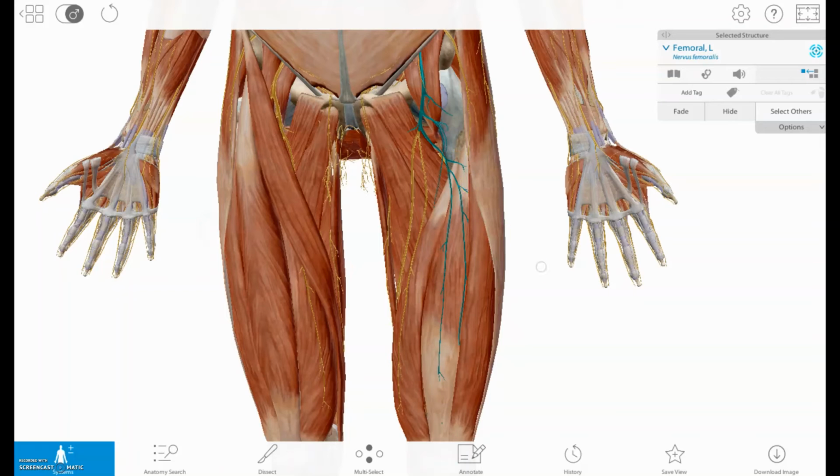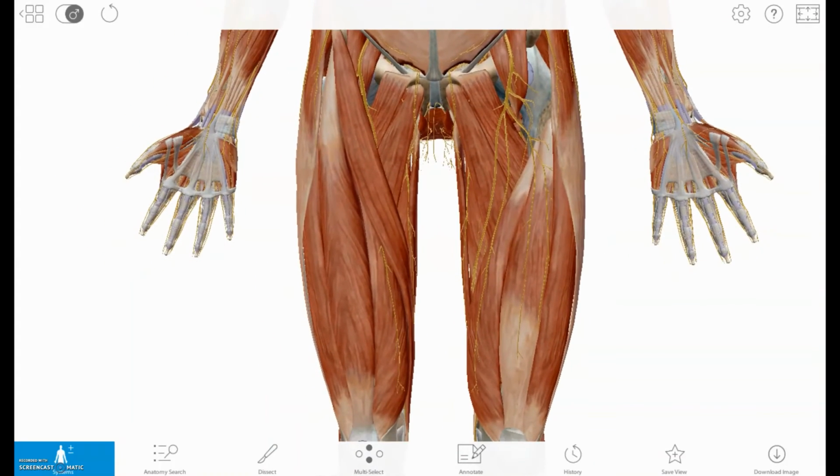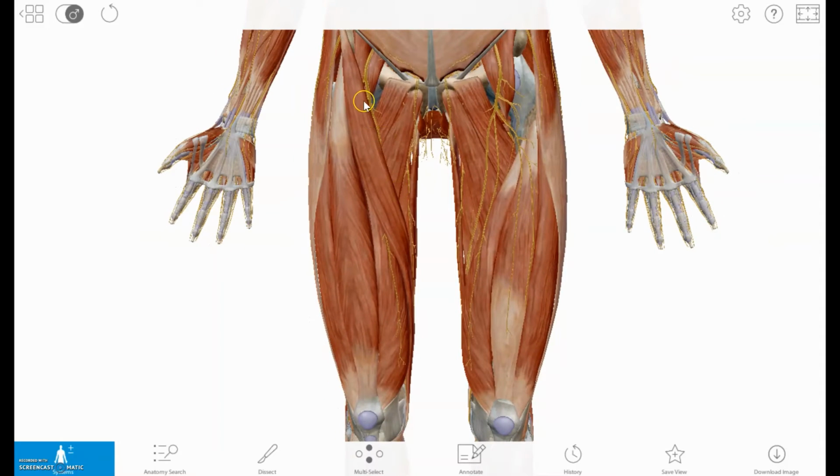Now if we look at the right thigh, we can determine actions based on the line of pull of some of these muscles. Say we had some damage to the sartorius muscle here. We can see from the line of pull that it will laterally rotate the thigh, and it will also flex the hip.